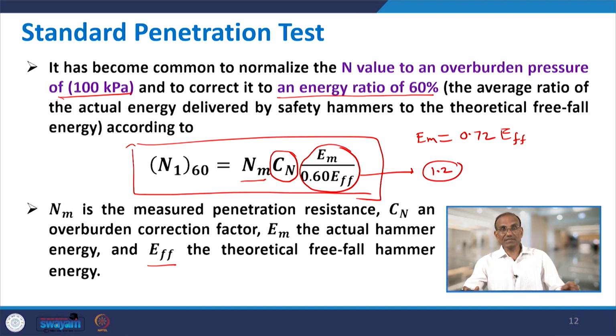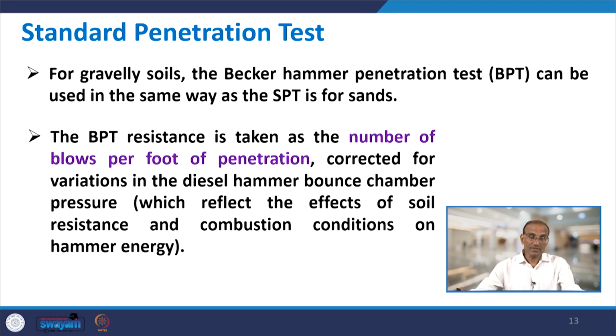The values of Cn are also given in the code, and that also speaks about these corrections. These N160 values recorded from the SPT, after correction, are used for the liquefaction analysis.